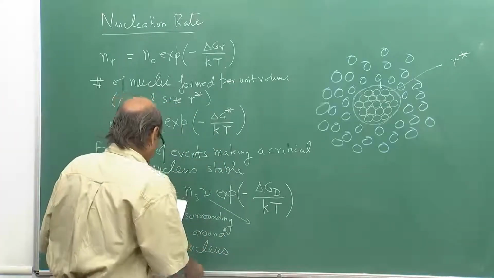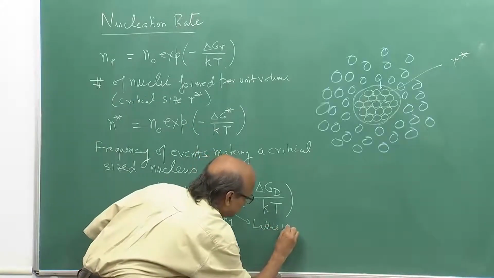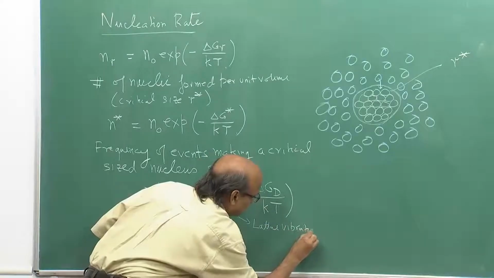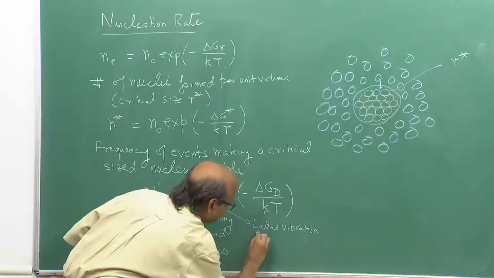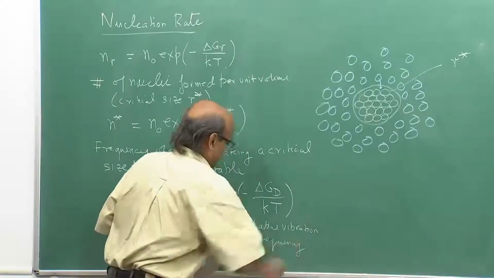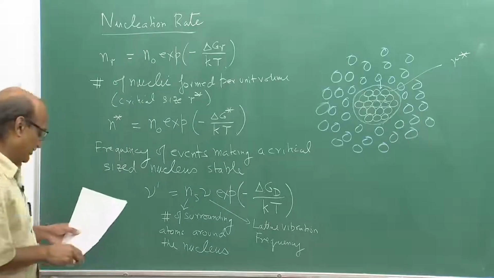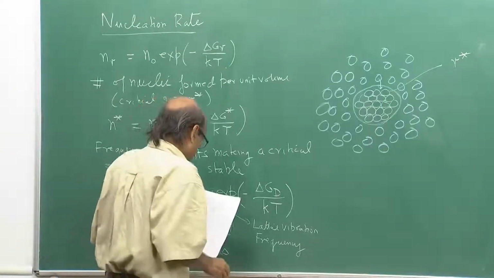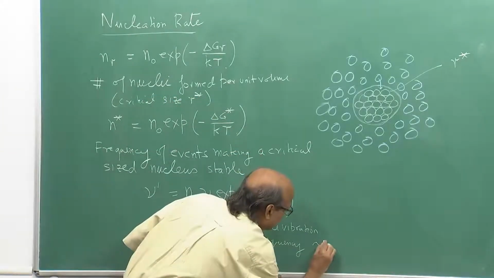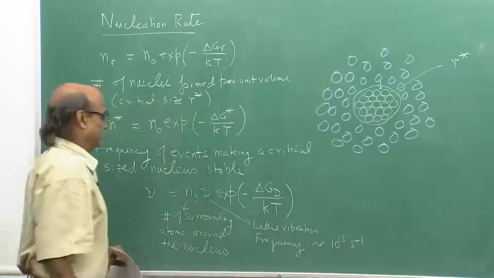Nu is the lattice vibration frequency. The atoms are constantly vibrating, and this frequency can be assumed to be of a fixed value, which is 10 to power 13 per second.